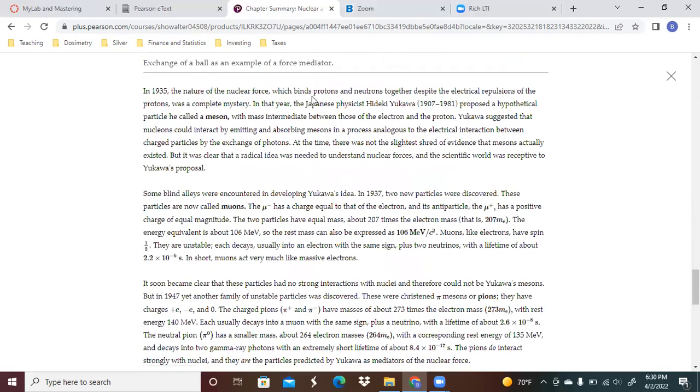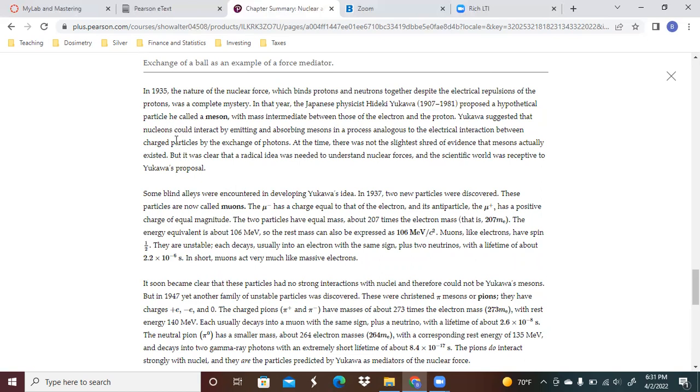In 1935, the nature of the nuclear force, which binds protons and neutrons together despite the electrical repulsion of the protons, was a complete mystery. In that year, Japanese physicist Hideki Yukawa proposed a hypothetical particle called a meson, with mass intermediate between those of the electron and the proton.